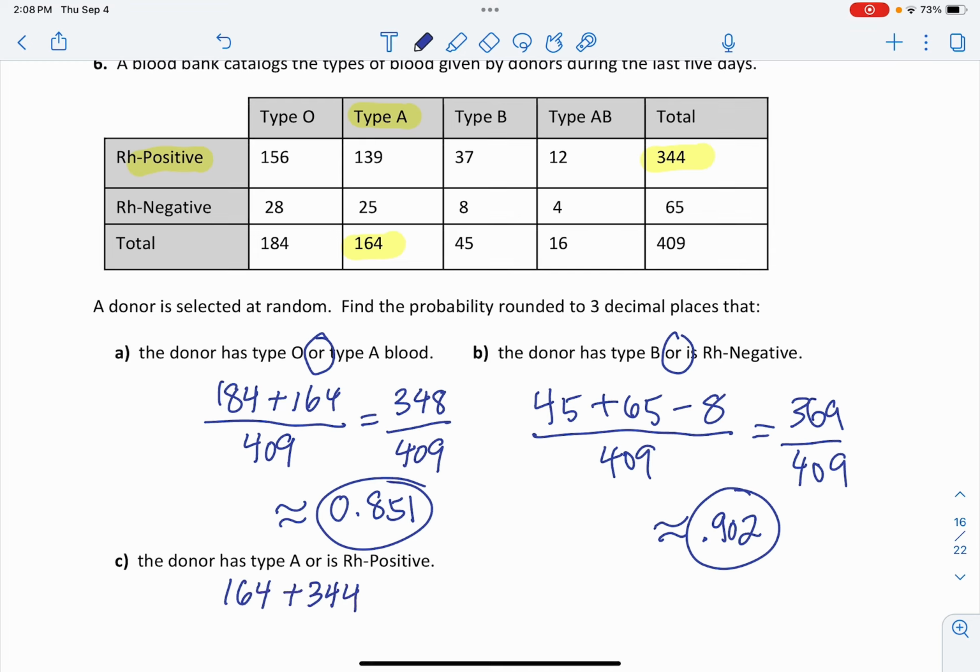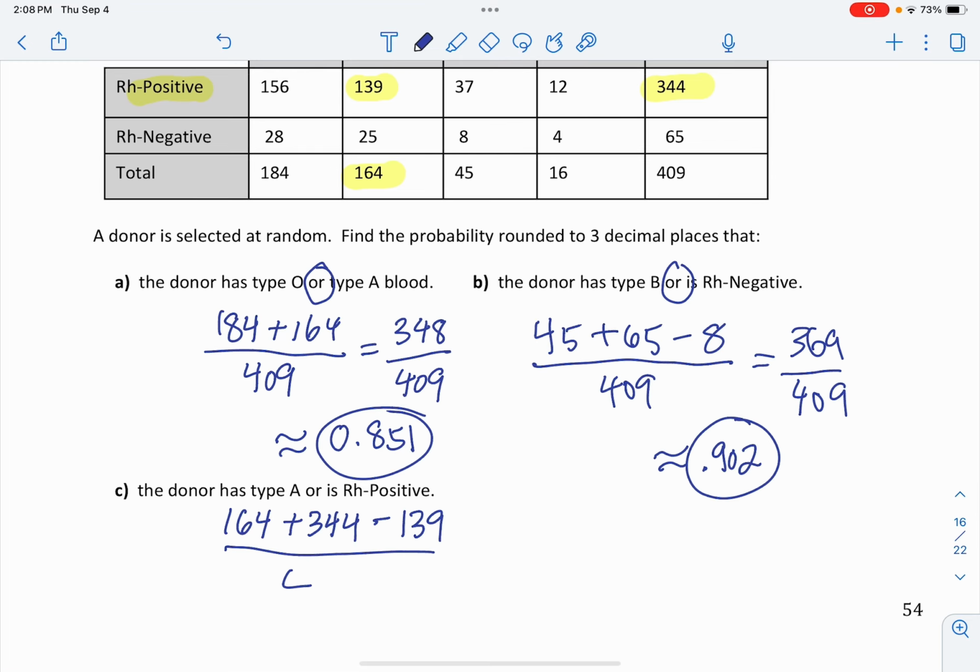But again, I've double counted. If I look at the intersection there, 139 people were in both of those totals. So subtract it off so they don't double count them. Divide by the 409. Do the math, and we're good.